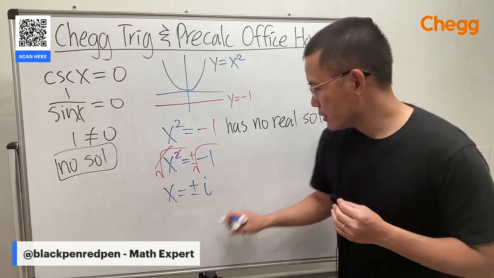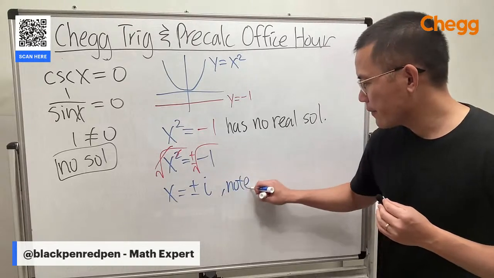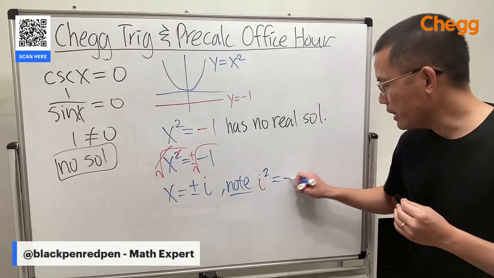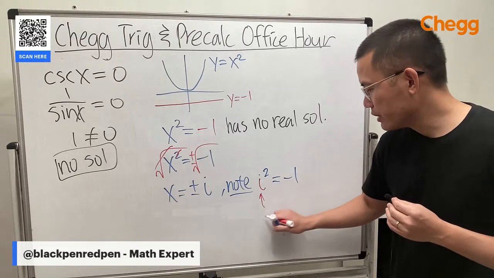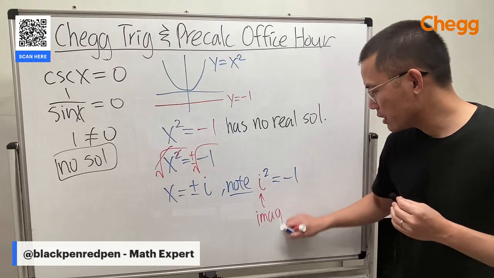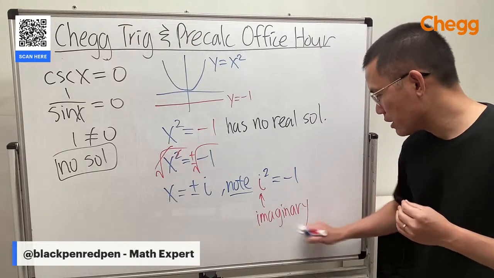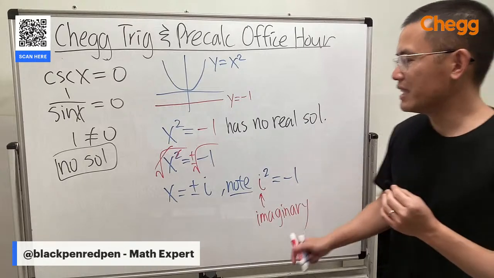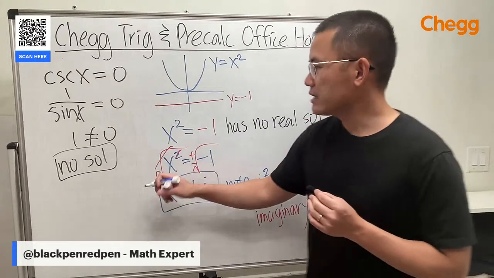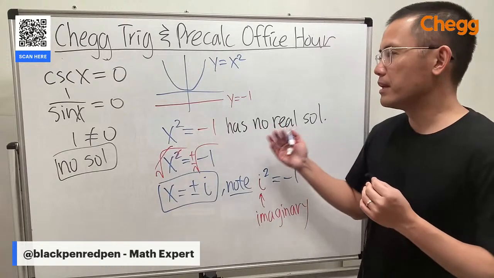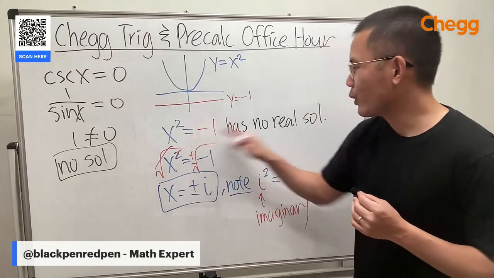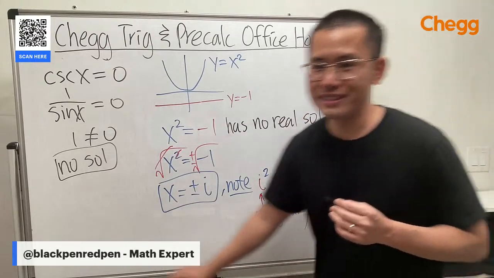So make a note right here. i is the number that when you square it, you get -1. And this is called the imaginary number, technically the imaginary unit. So sometimes when you use the graph argument, it might get really tricky. So for this one, no real solutions, but you do have complex solutions.